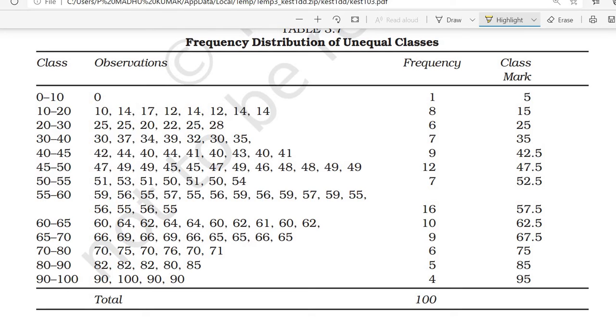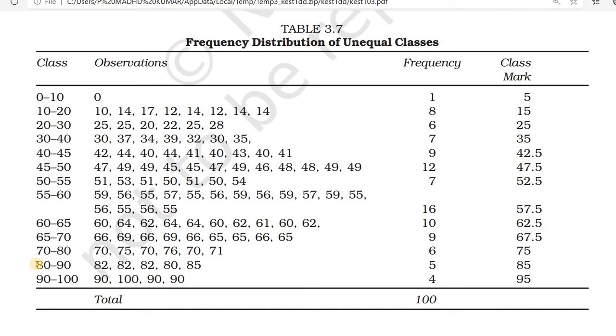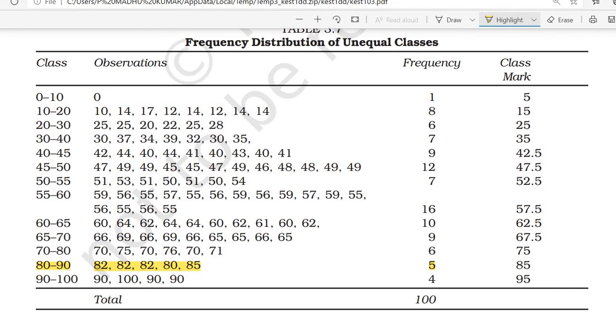In the same way the frequency of other classes is also determined. For 90 to 100, what is the frequency? It is 4. Like that we are determining the frequency for each class.